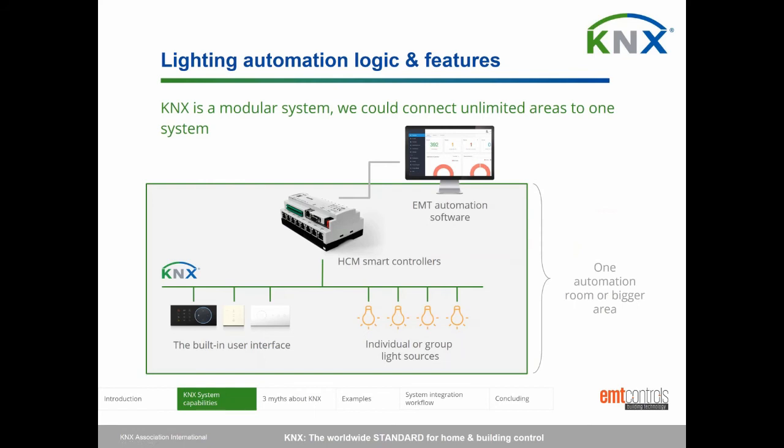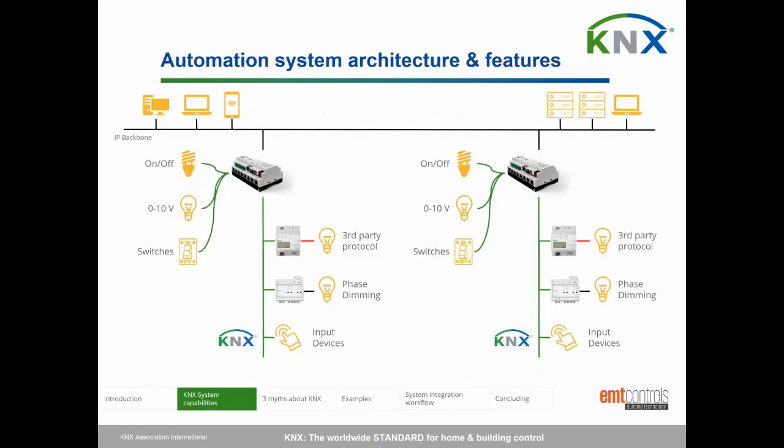But what about the flexibility of such a solution? Let's assume that this lighting automation topology, the most complex one, is just a single block of a huge infrastructure. So each controller becomes a core for a small universe of devices, of lighting, of everything, where multiple universes can be connected to centralized visualization and control software through IP connection.